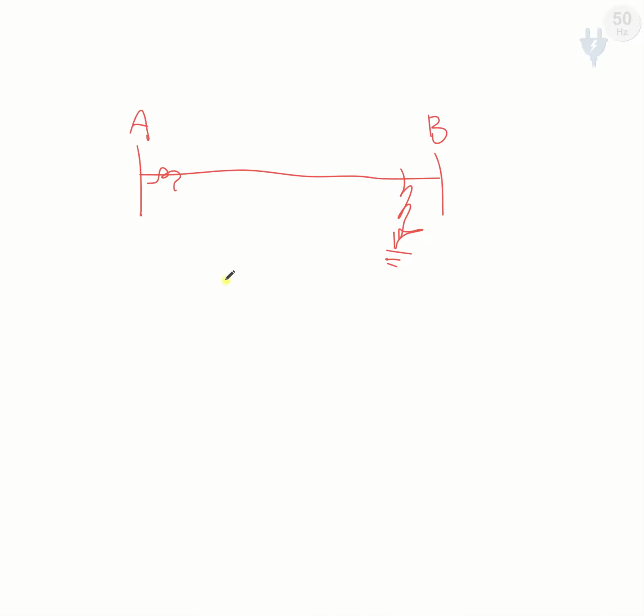And our device is installed in bus A. Here we have CTs and PTs and relays. Our relay should detect this type of fault and differentiate, to give us the chance to decide whether to trip the circuit breaker in this line or not, when a transient fault occurs in our transmission line.